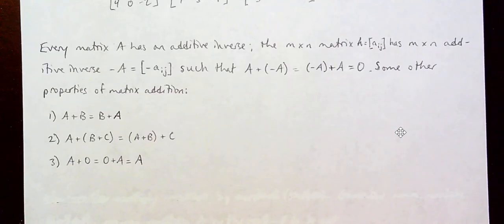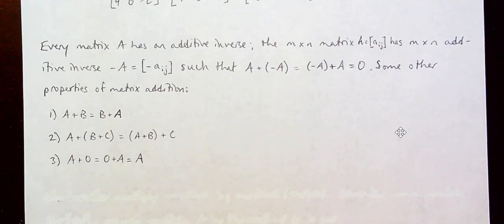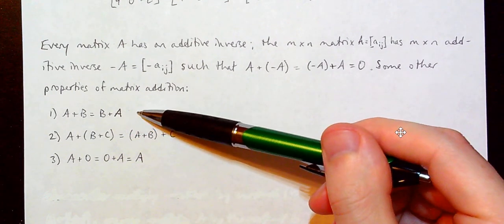And then just to wrap up this video, some other properties of adding matrices. These should look very familiar. It's the exact same thing as working with just individual numbers. The order in which we add matrices does not change what we get.